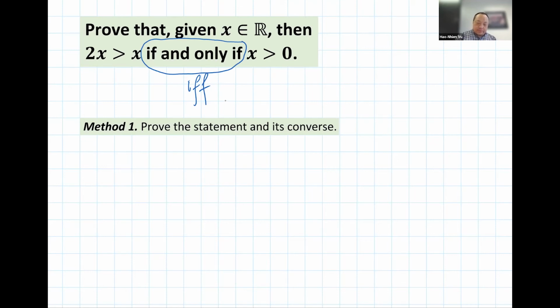It can also be written in symbolic form as a double arrow pointing both ways. I'm going to approach this with method number 1 to prove the statement and then prove its converse. So first I'm going to prove the statement, meaning it's going this way. Before I prove anything, I strategize.